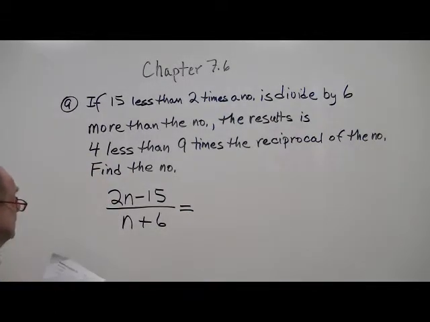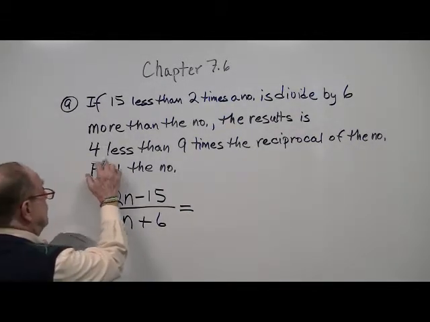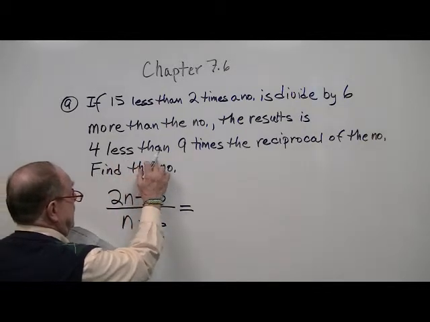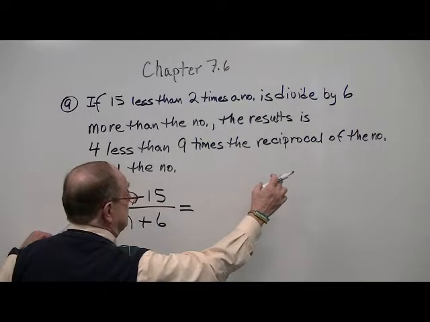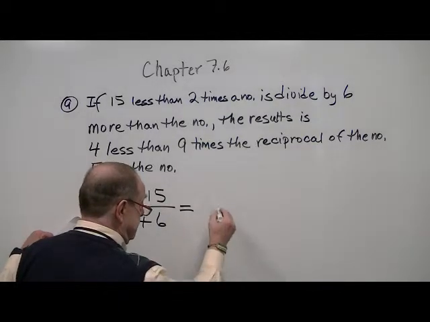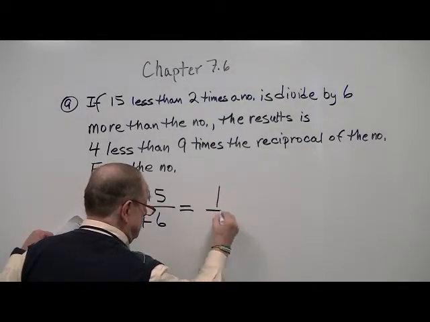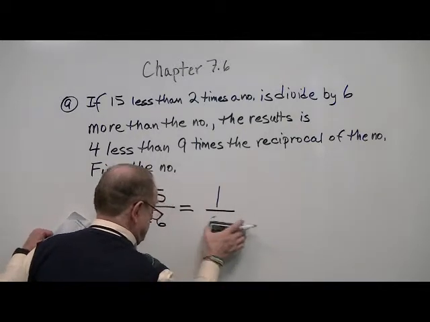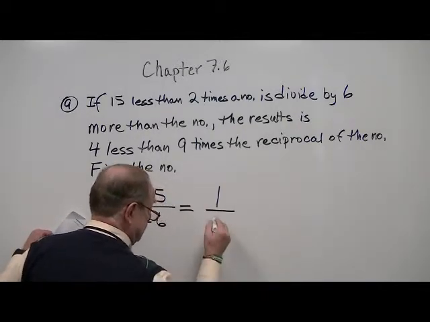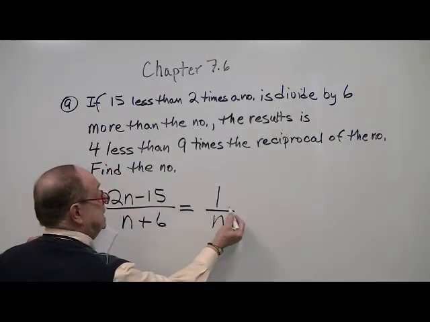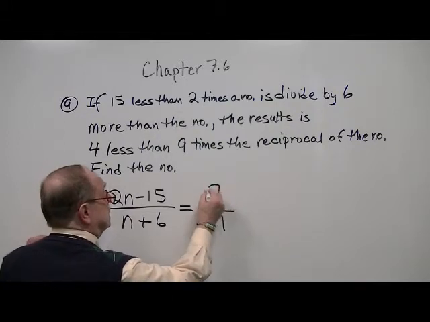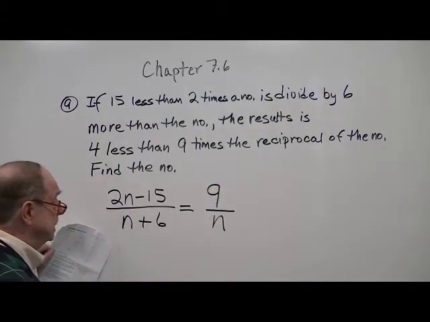The result is 4 less than 9 times the reciprocal of the number. We had said the reciprocal of the number was 1 over n, and if we multiply this by 9, it becomes that.